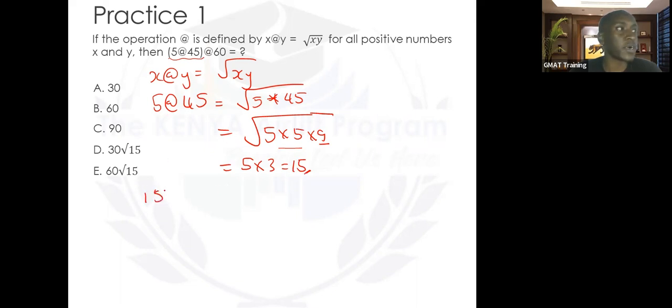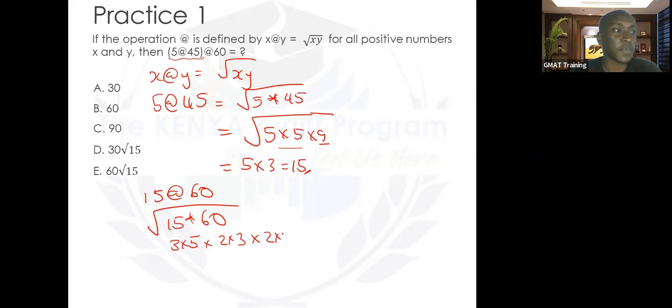Now we replace that in the question and have 15 at 60. That will be the square root of 15 times 60. Well, 15 is 3 times 5, and 60 is 6 times 10. 6 is 2 times 3, and 10 is 2 times 5.